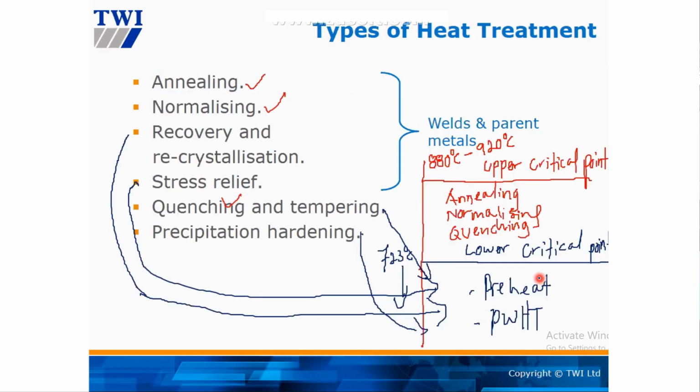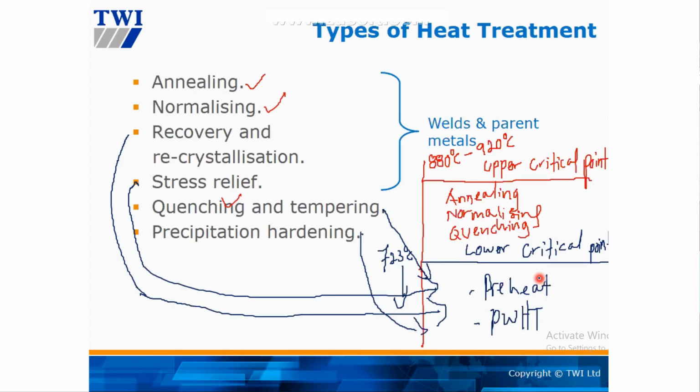And memorize, upper critical, 3 processes: annealing, normalizing, and quenching. The other processes, always at the lower critical point, which are preheat, PWHT, recovery, recrystallization, tempering, precipitation hardening, stress release, hydrogen release, all those carried out at the lower critical point.